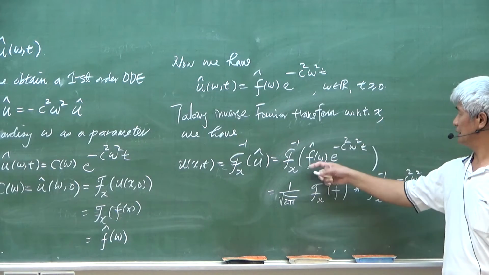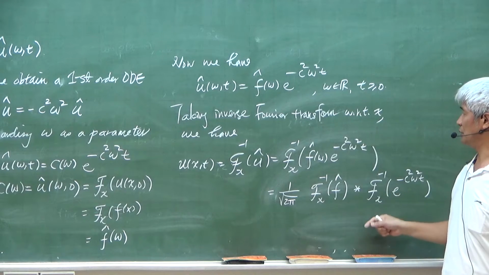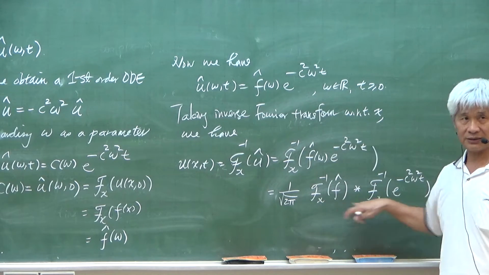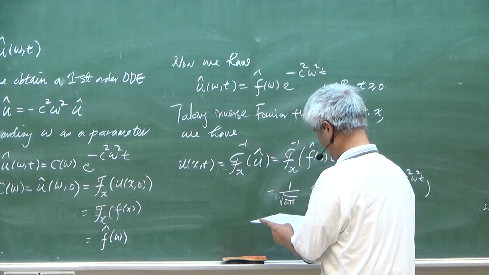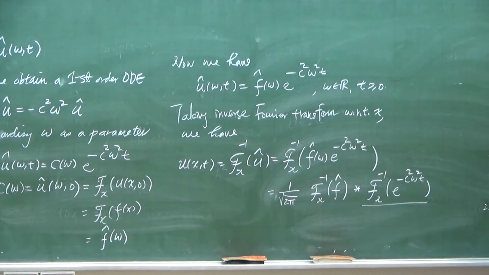So basically, the inverse of this product is actually equal to the convolution of two x functions. And we know what that is. So we have to know the Fourier transform.